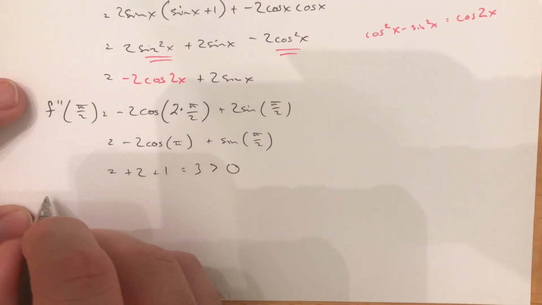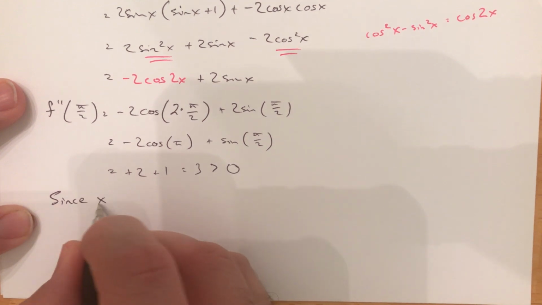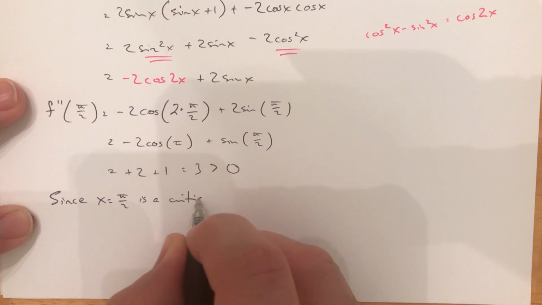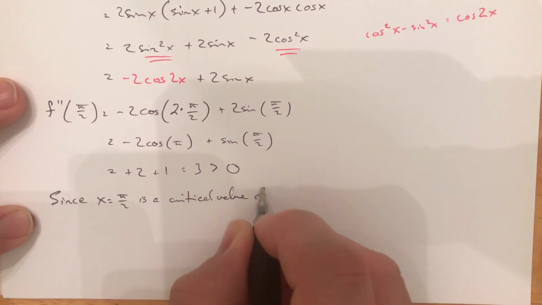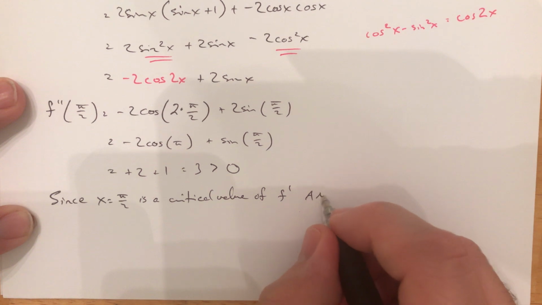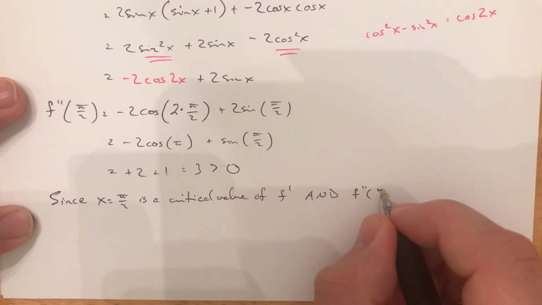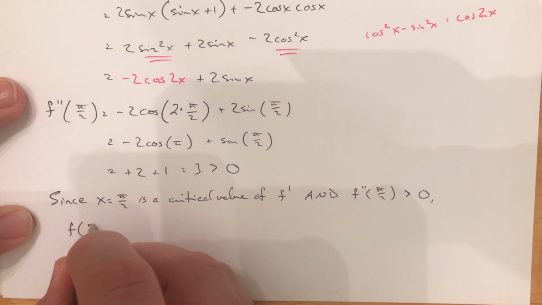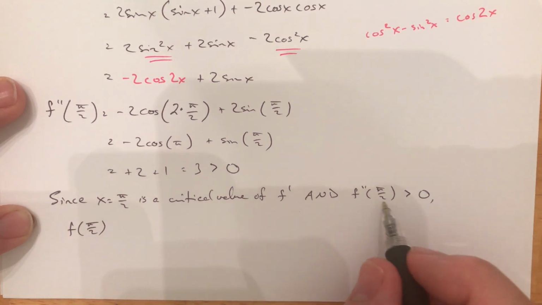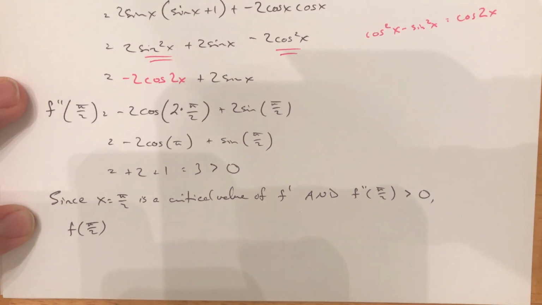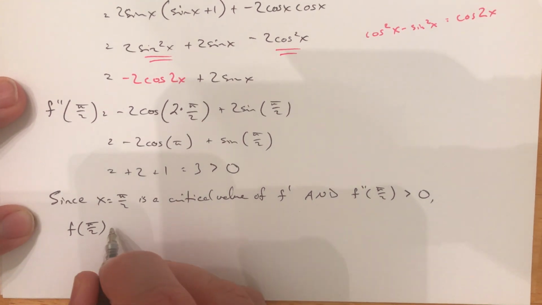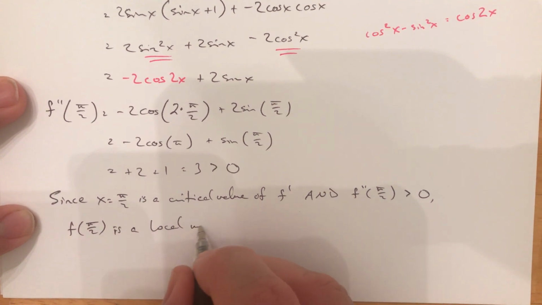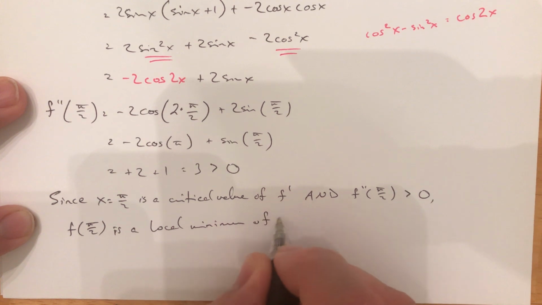And then our conclusion. Since x equals pi over 2 is a critical value of f prime, and f double prime of pi over 2 is positive, f of pi over 2. Again, 1, 2, 3 functions all coming together to give us what we're looking for, is a local minimum of f.